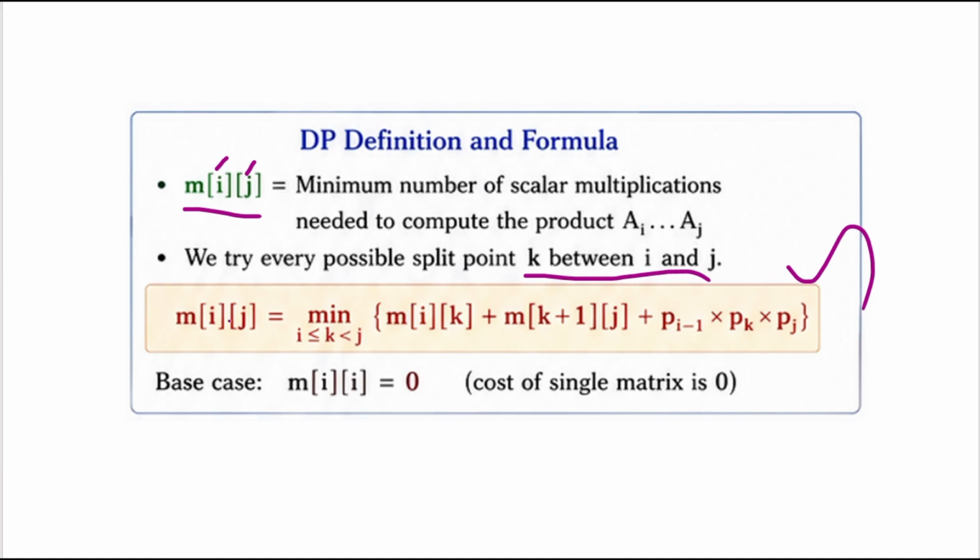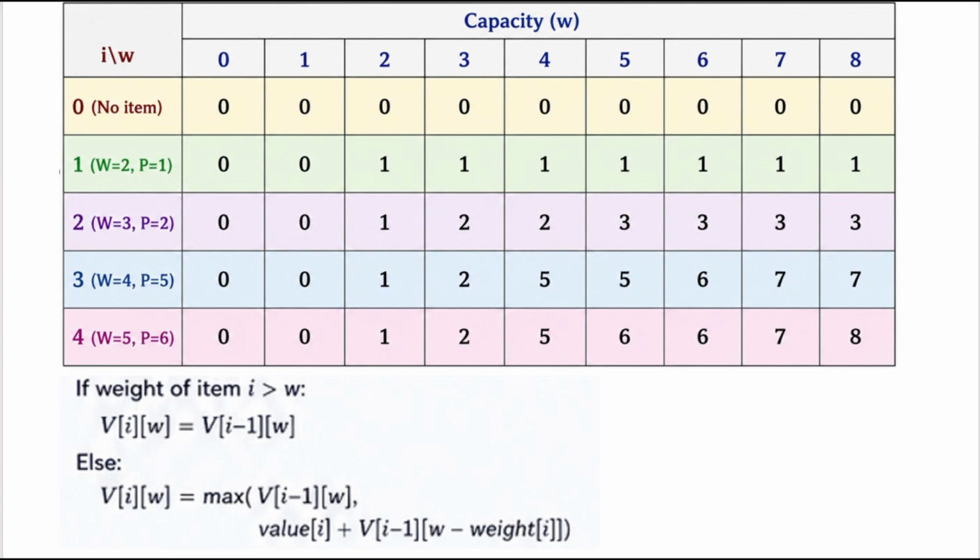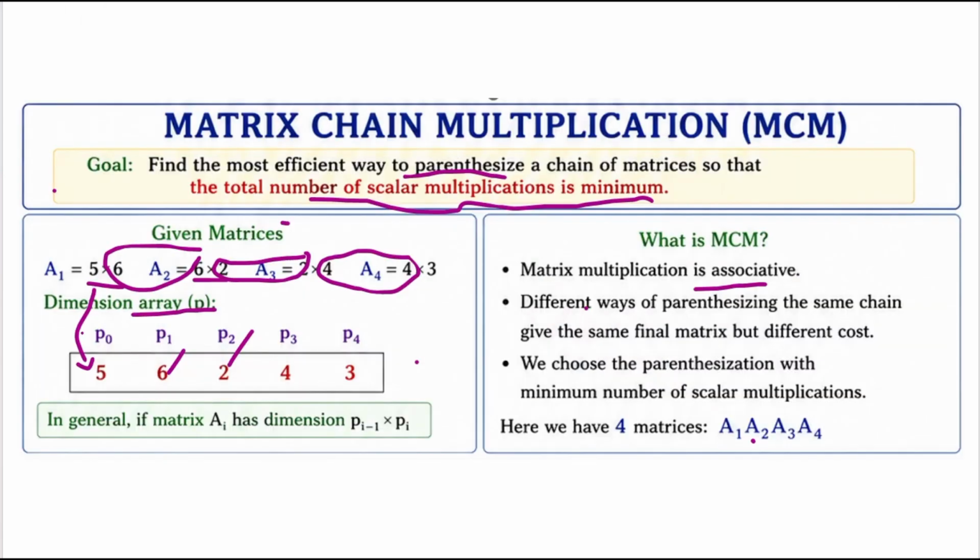M[i][j] equals the minimum over i less than or equal to k less than j of M[i][k] plus M[k+1][j], then add these dimensions P(i-1) into Pk into Pj. These values are already here, so we get these values from the given data. Alright? Clear.